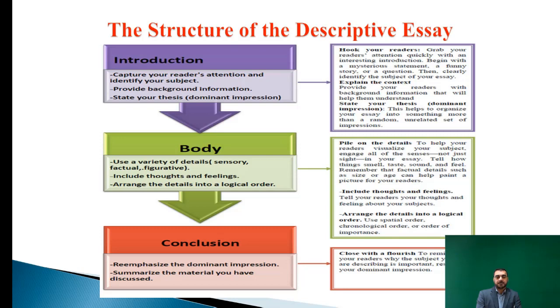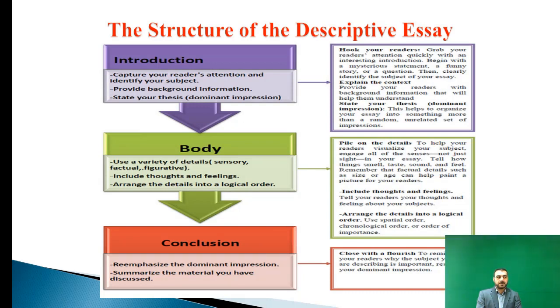When writing these body paragraphs, we have to use a variety of details: sensory, factual, or figurative. The writer should include thoughts and feelings, and should arrange the details into a logical order.